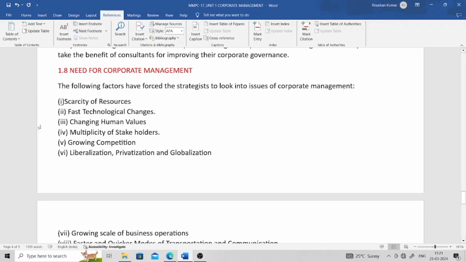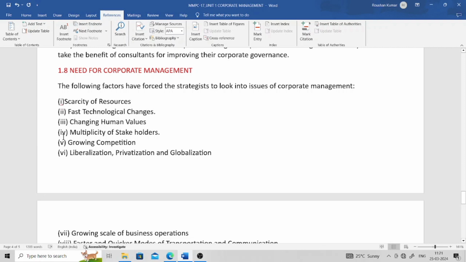Earlier people used to work only for one company or organization. Nowadays it is about working in multiple organizations or companies. People value self actualization and something more flexible, but earlier that kind of human values were not present.